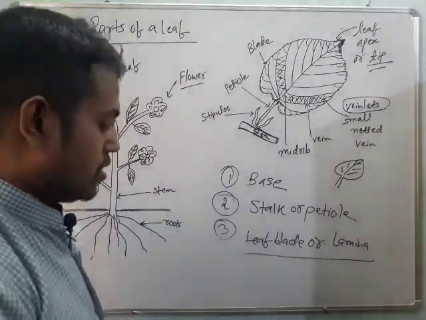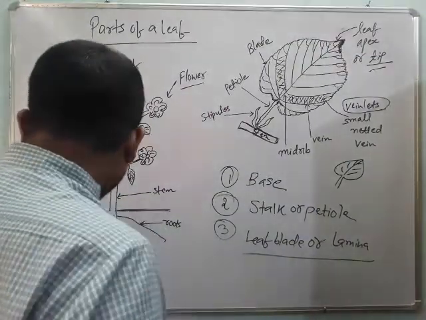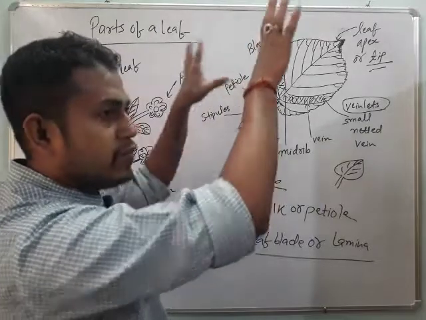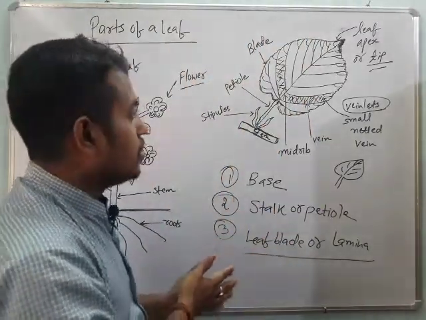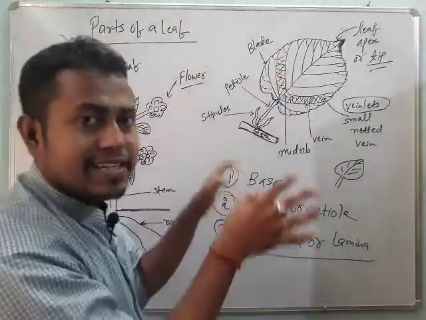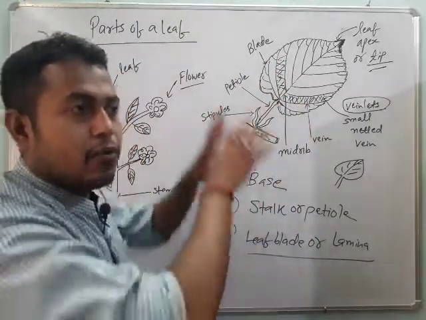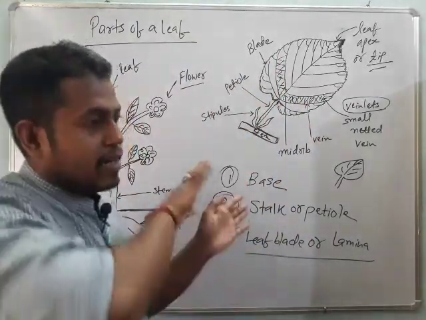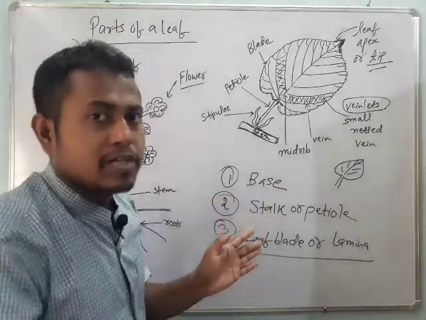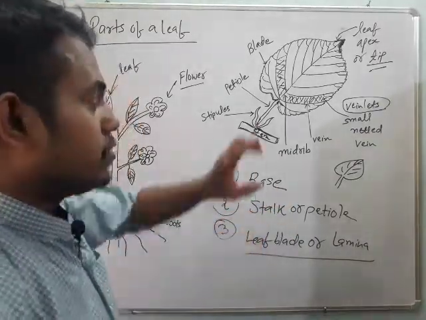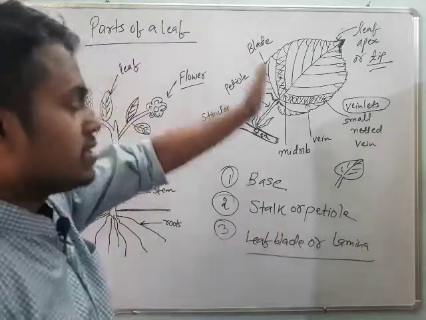Understood? So this is the overview of the leaf. What is present in the leaves, and what we call it, right? And after that we'll come down to the function of the leaves. So again I will repeat the same things.